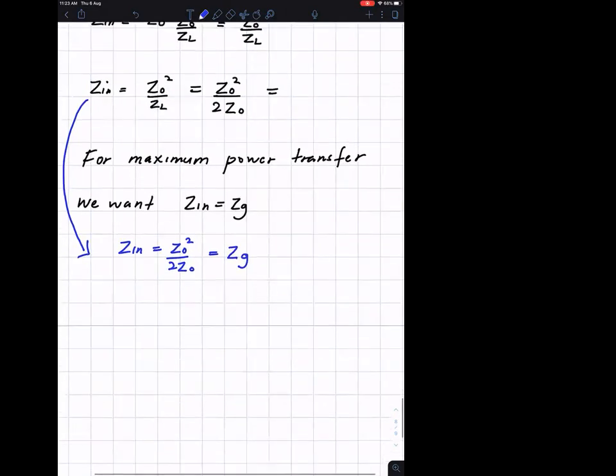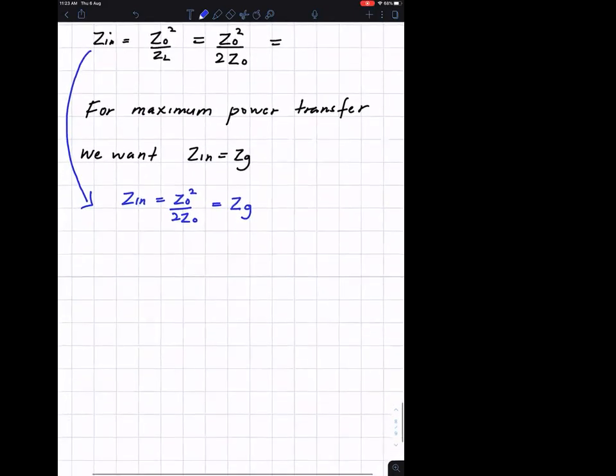So solve for Z naught. This is Z naught over 2 equal to ZG. Therefore, Z naught is equal to 2ZG.